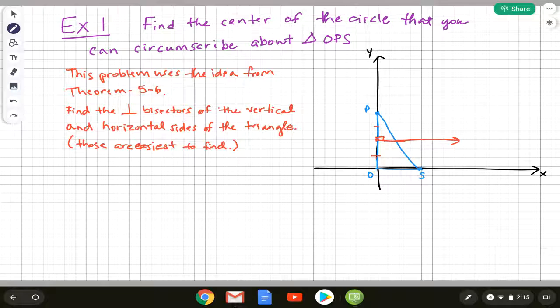Now remember, the circumcenter, or the center of the circle that I can circumscribe about the triangle, will be where the perpendicular bisectors intersect at that point of concurrency. So now if I draw another one from O to S, halfway along the length of the line would be at 2, and since OS is a horizontal line, I would draw it vertically to make it perpendicular.